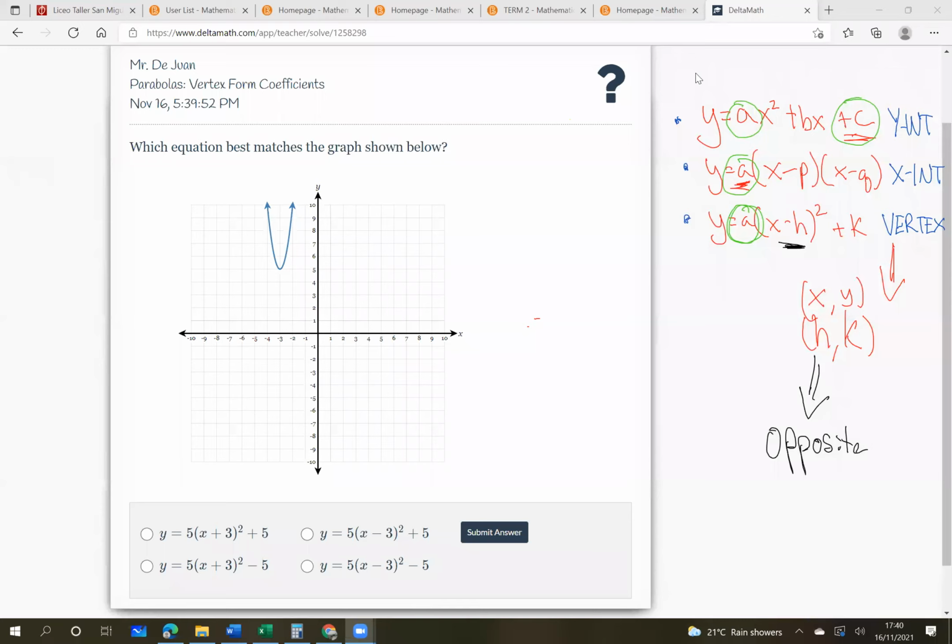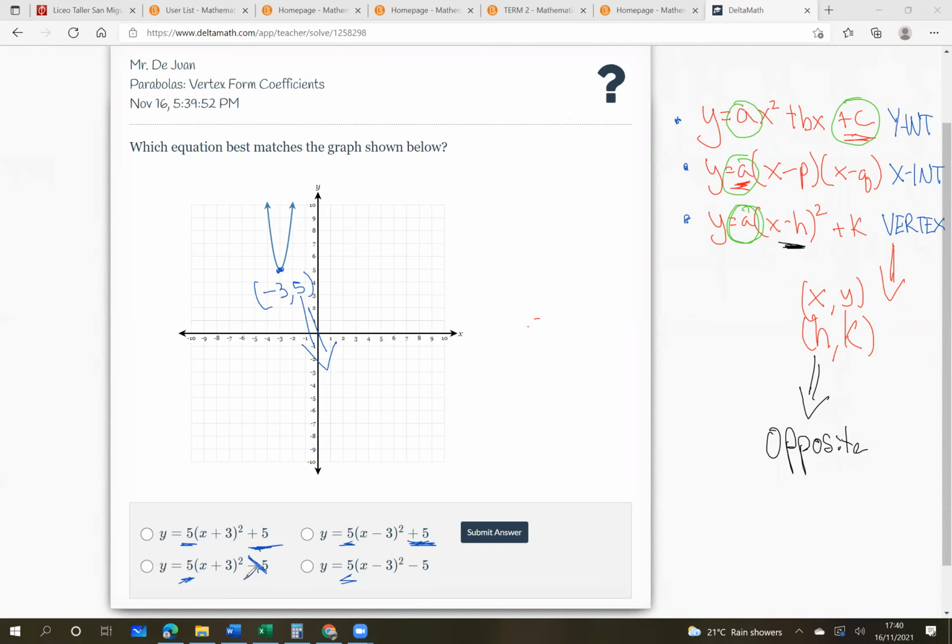Here it looks like we have a positive, but we have a positive in all of the equations, so it's not really very useful. But we can see right here that the vertex is negative 3, 5. Now, we know that 5 for k is what we need for our coordinate, and here we see the two options with 5 in the equation.